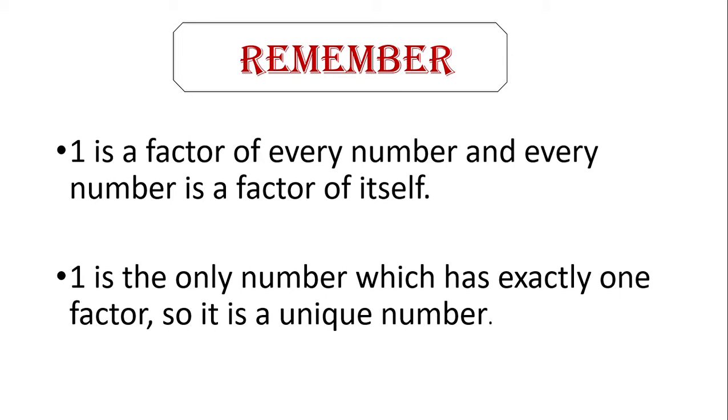So 2 is not a factor of 9. 3 is a factor of 9 because 3 into 3 is 9. So basically, whatever number you want factors for, you have to get the answer as that number. And 1 is the only number which has exactly one factor, which is itself. So it is a unique number.